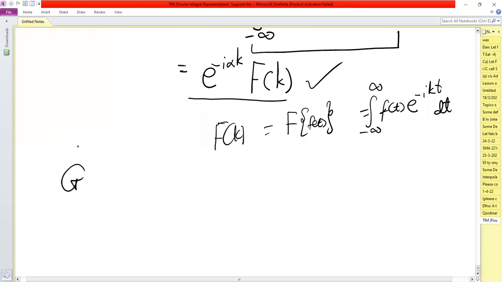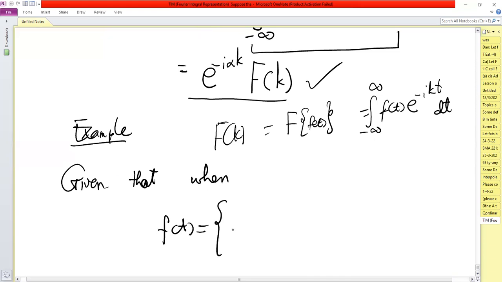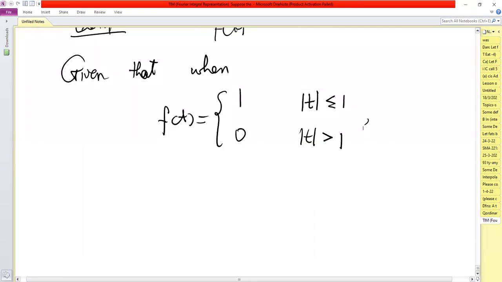Given that f of t is given by 1 for absolute value of t less than or equal to 1, and 0 for absolute value of t outside that interval, and capital F of k is given by 2 sine k divided by k.